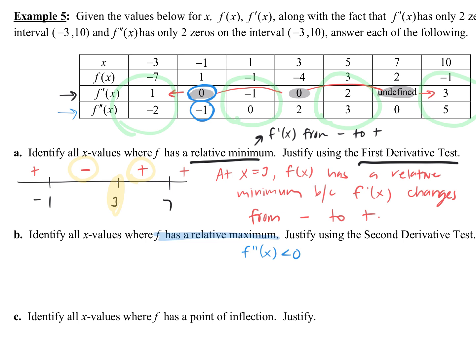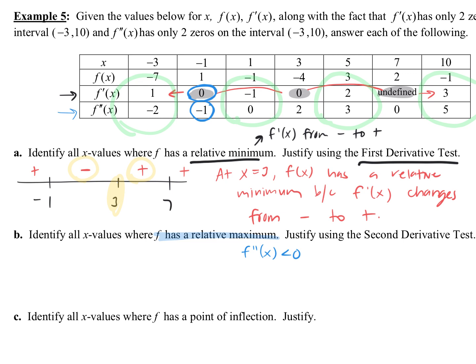Those are all the intervals that I tested just right here, correct? So we have to use those same intervals because we care about when the first derivative is 0, but then we care about, on those intervals, where the second derivative is less than 0. Well, the only one that's got a negative second derivative is this one right here, right? So this point is going to be our relative maximum because it's negative over here. Everywhere else it's positive, okay?